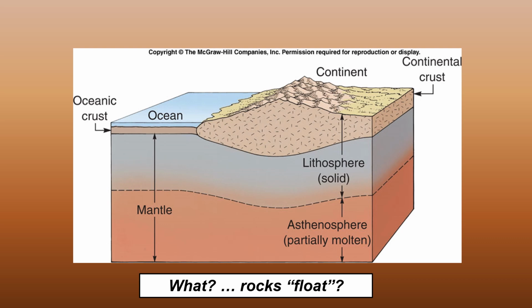Now I say float, but not really float in water, not in this case. But there you have lighter rocks on top of denser rocks. As you go down into the mantle, then the rock is molten. So lighter rocks on top of denser rocks.